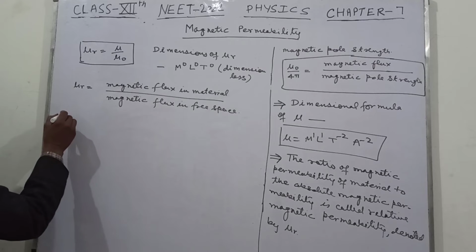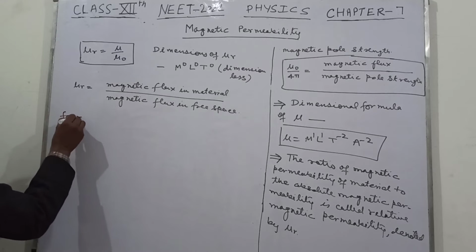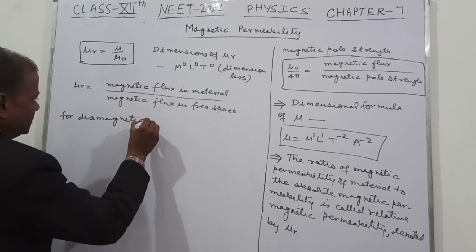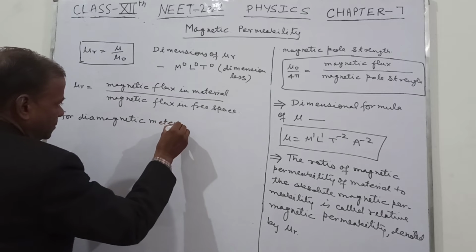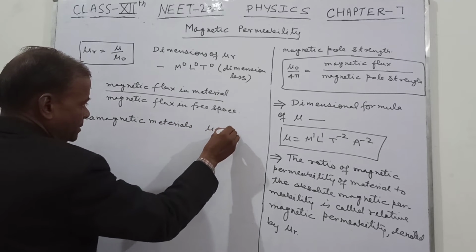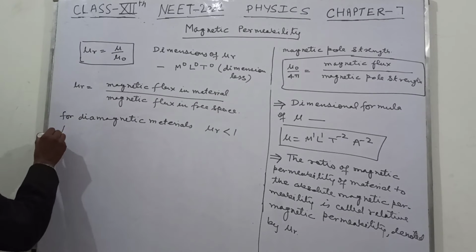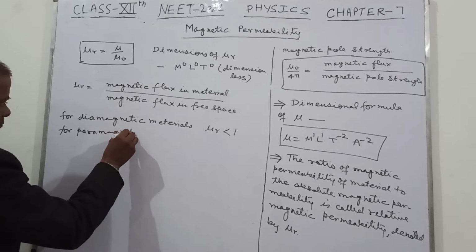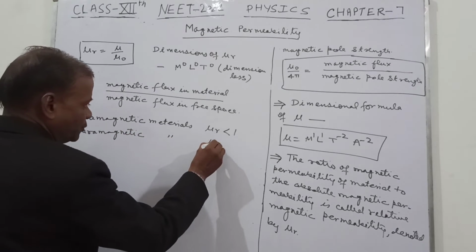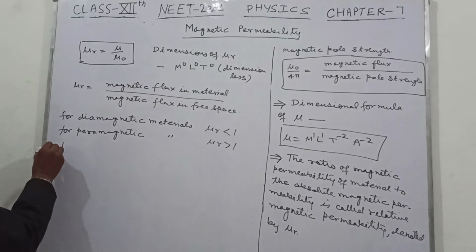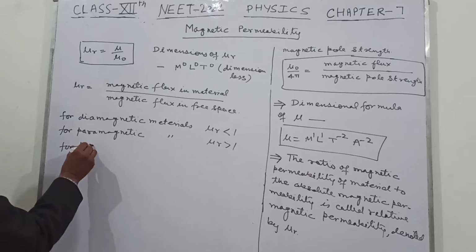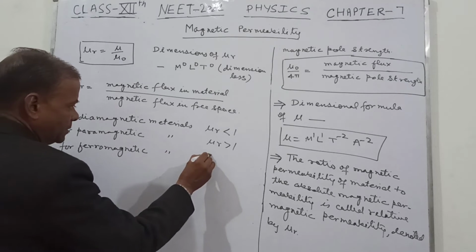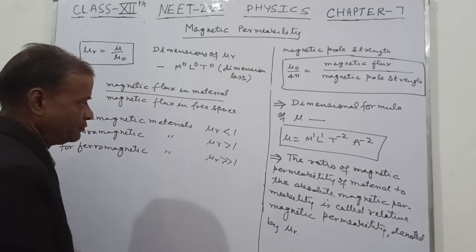And this we can have for diamagnetic material. This mu r is less than 1, and for paramagnetic material this mu r is greater than 1, and for ferromagnetic material this mu r is very much greater than 1.